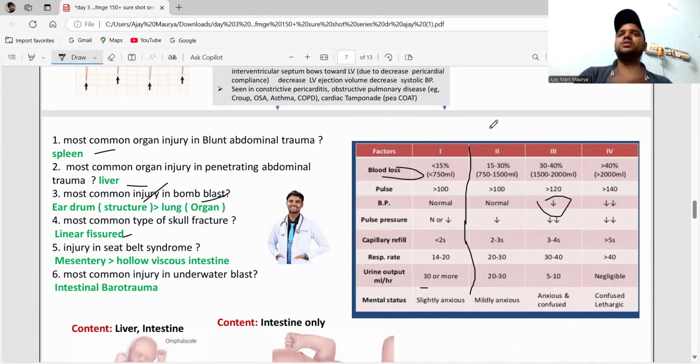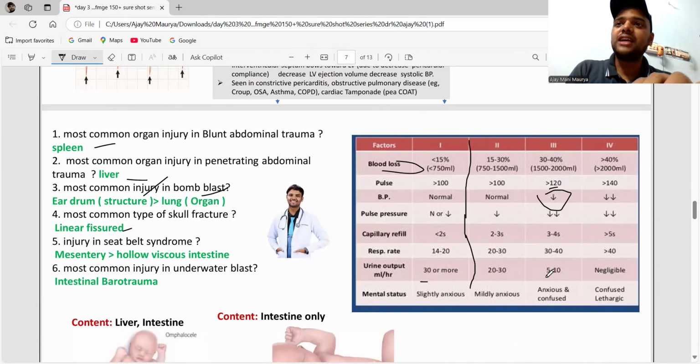Until class 2, the BP is normal, and from class 3 the BP goes down. Next they will ask in which class the patient will be confused and lethargic. It is class 4. They're going to ask questions like this, guys. Okay. Done.